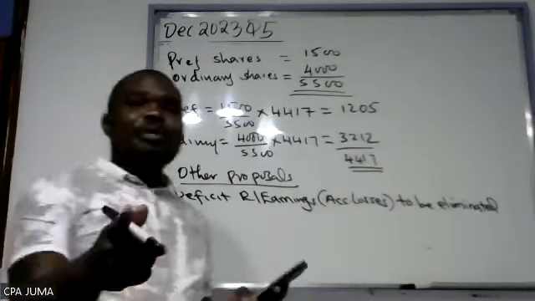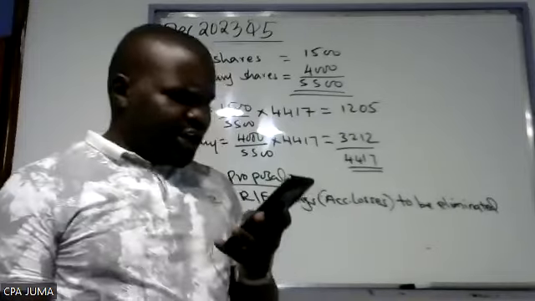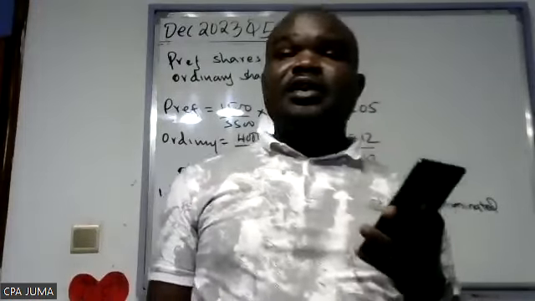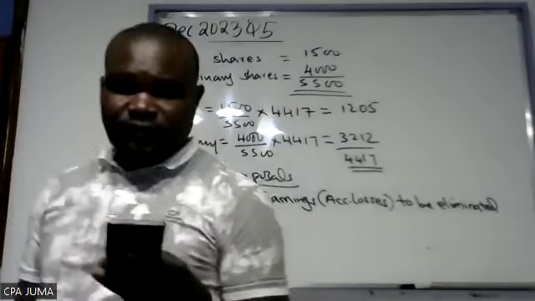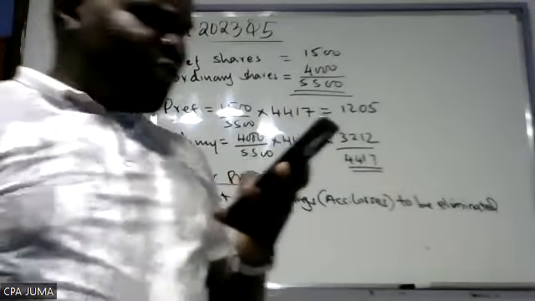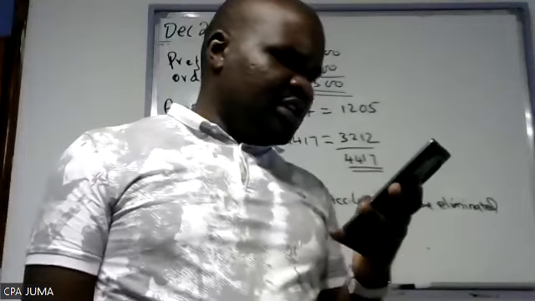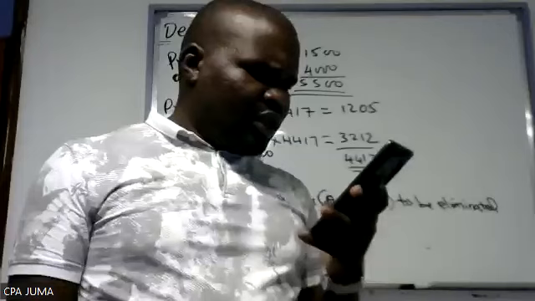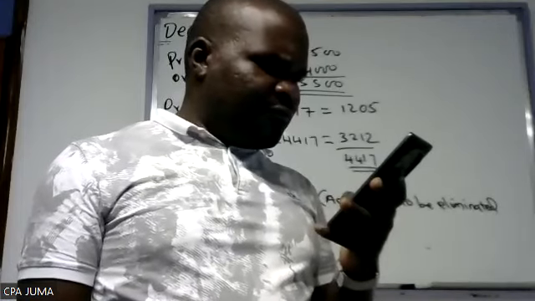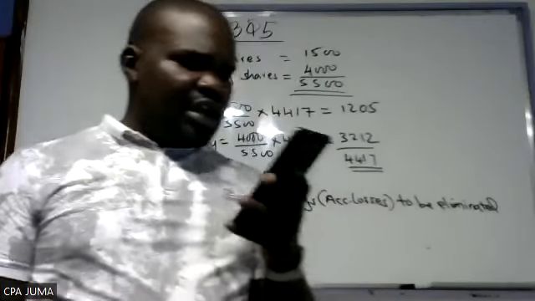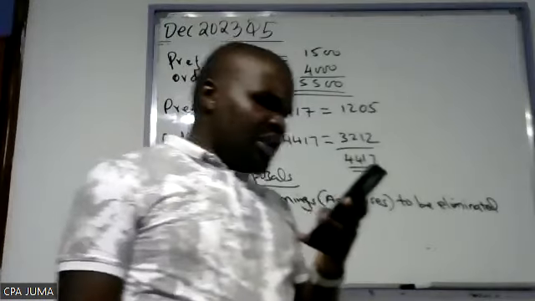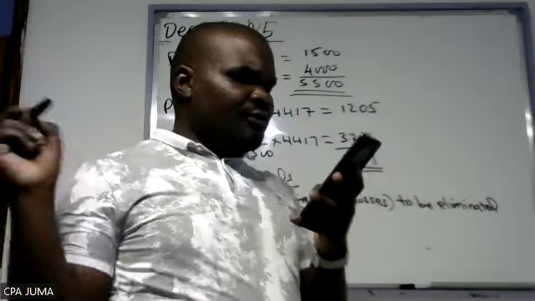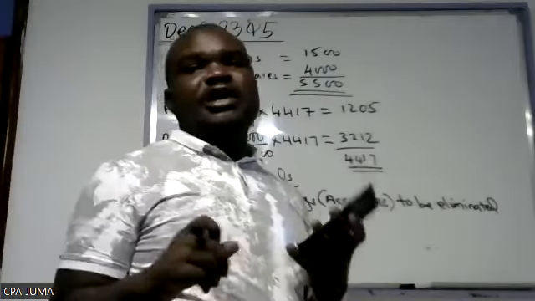Then you can play around with the notes. For example, when you check note 5. Existing ordinary shareholders are prepared to inject shillings 4,200 million for 840 million new ordinary shares.